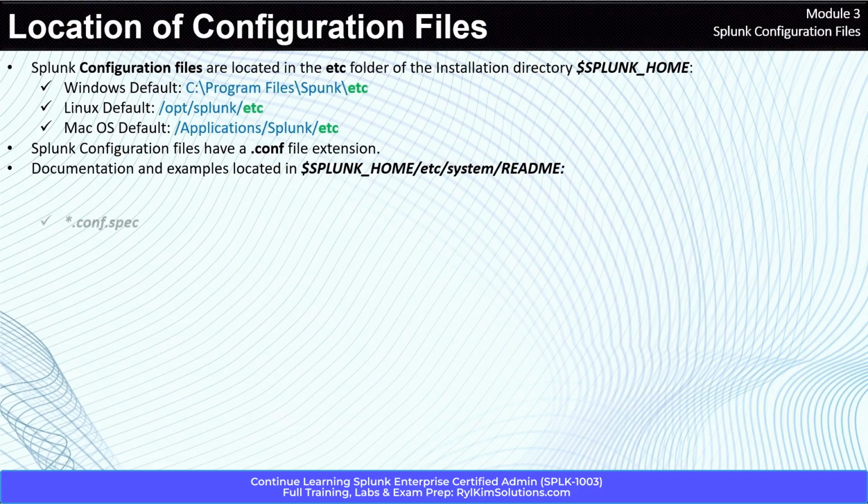Under the README folder, you are going to find .conf.spec files for every single configuration file. You're going to find .conf.example files for every single configuration file. The spec file is telling you the structure of the configuration file and the settings that are available within that configuration file. And then the example is giving you an example of that configuration file.